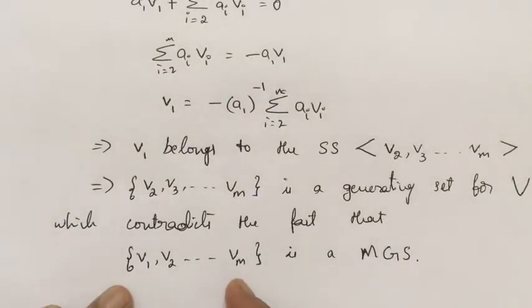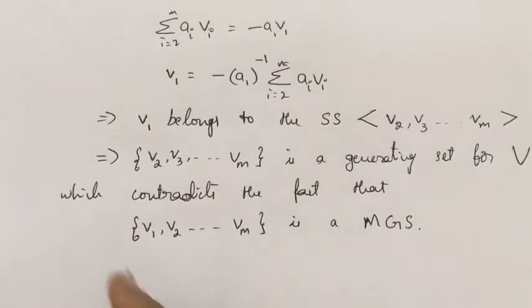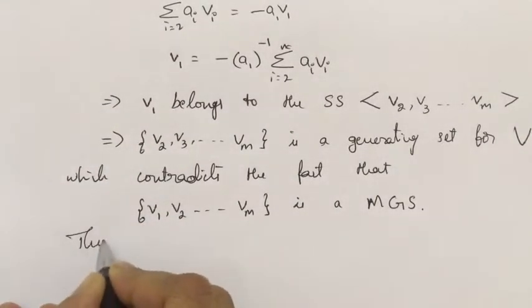Since it's a minimal generating set, no proper subset of this can generate V. Okay, so thus my assumption is wrong.